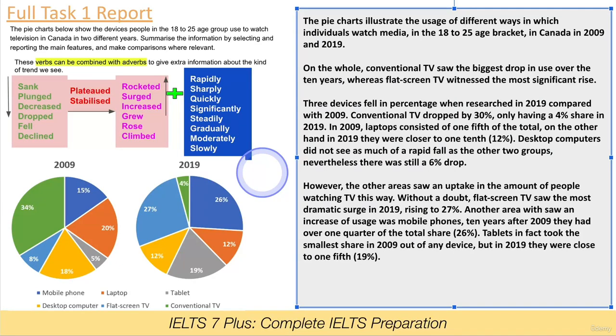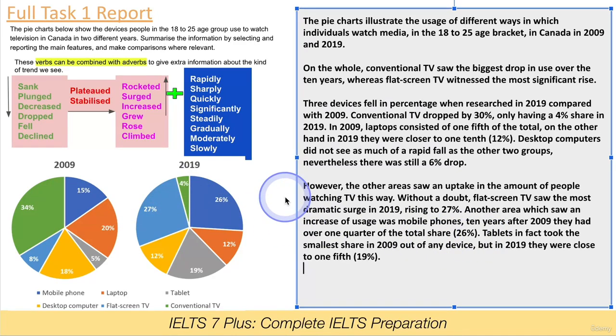However, the other areas saw an uptake in the amount of people watching TV this way. Without a doubt, flat screen TV saw the most dramatic surge in 2019, rising to 27%. Another area which, very important to check and edit, which saw an increase of usage was mobile phones. 10 years after 2009, another way of saying 2019, they had over 1/4 of the total share, 26%.